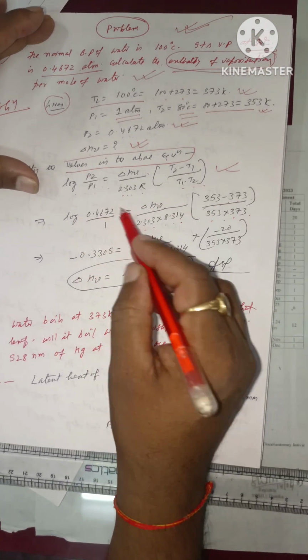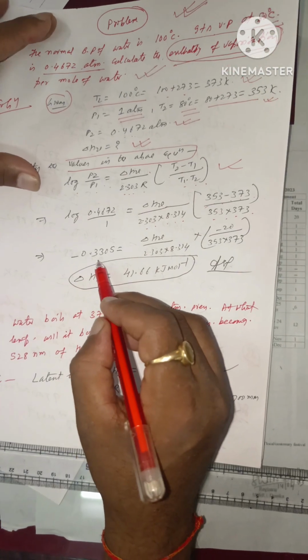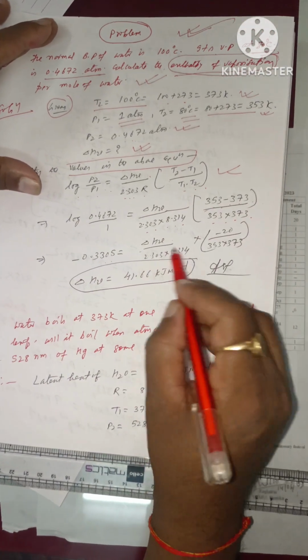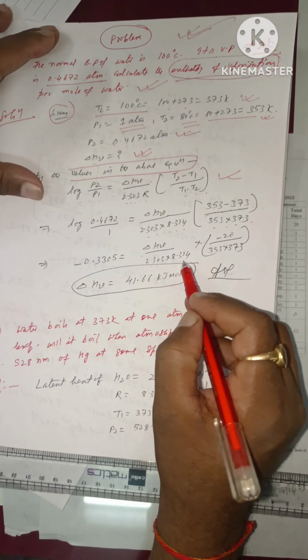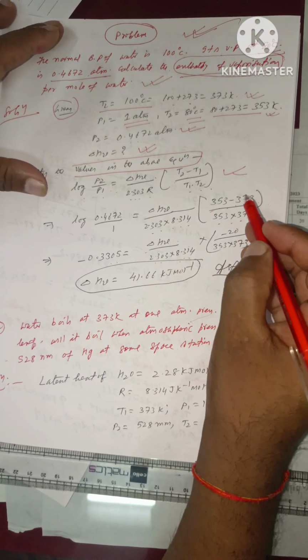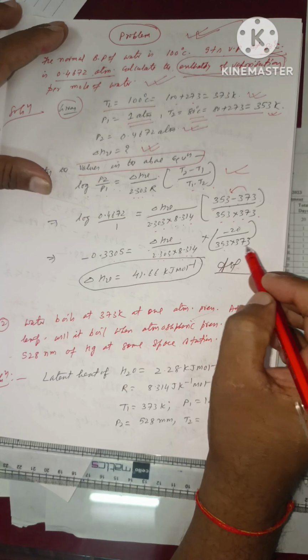On calculation, we have minus 0.3305 is equal to delta H upon 2.303 into 8.314, within bracket minus 20 upon 353 into 373.